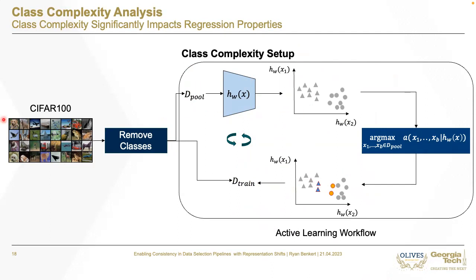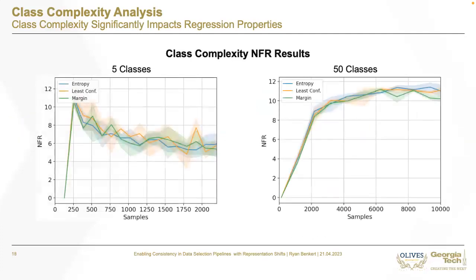We take this dataset CIFAR-100 and we simply remove a set of classes. So making CIFAR-100 into CIFAR-80 or CIFAR-5, right? Not very specific classes, but we remove a set of classes. Now, what happens if we do this?